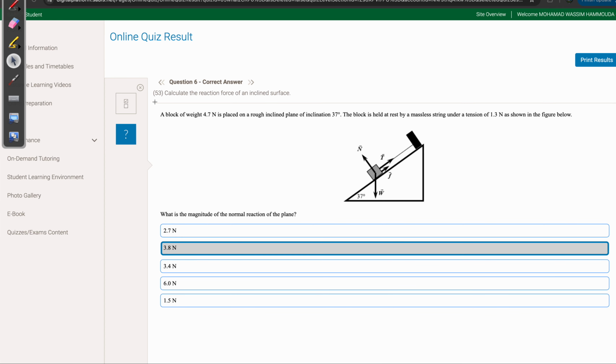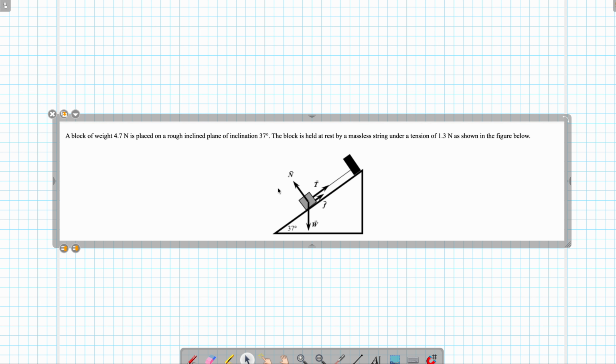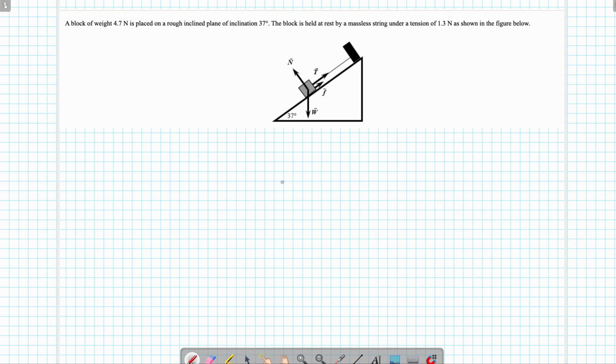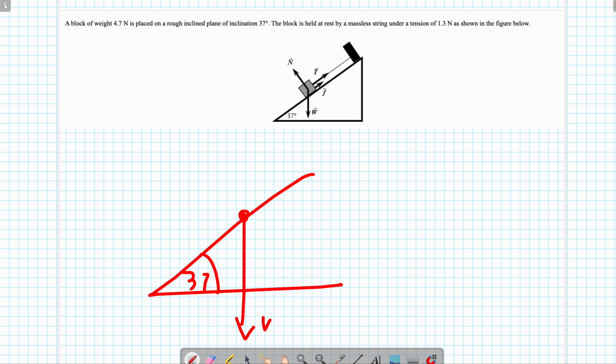Okay. Let's add a new page. Okay, let's draw the free body diagram. This is 37. Now, what are the forces that we have? We have weight, we have the normal. Wait, let me first write the axes so nobody gets confused.